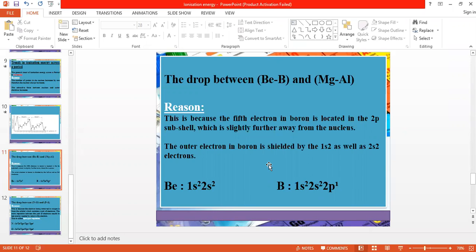What is the reason? The reason is this one you saw before. The distance between nucleus and outer shell is large. If distance is large, forces are weak, we need less energy to remove the electron. If distance is less, forces are strong.